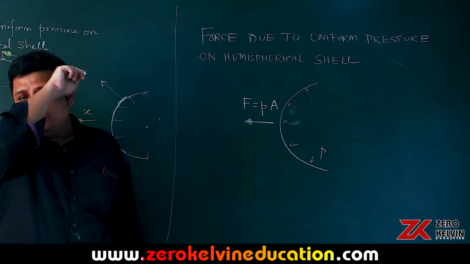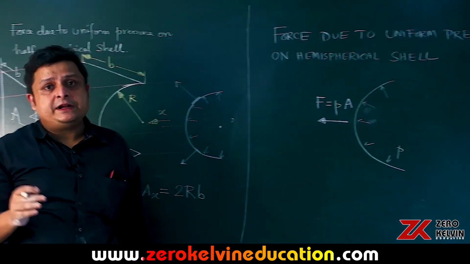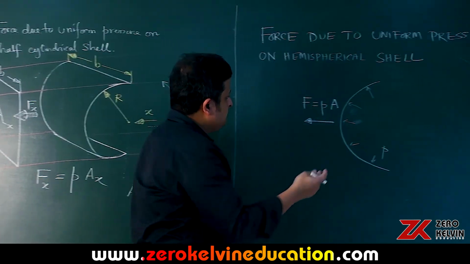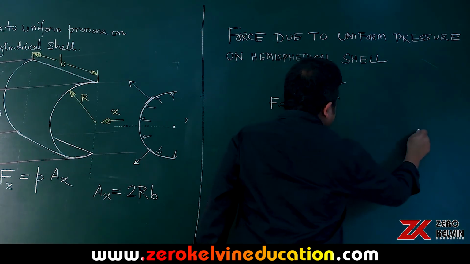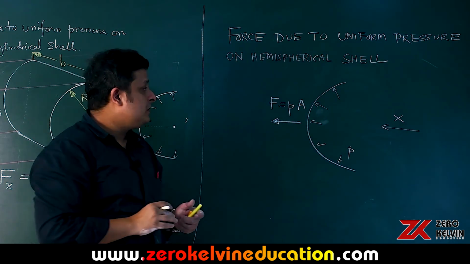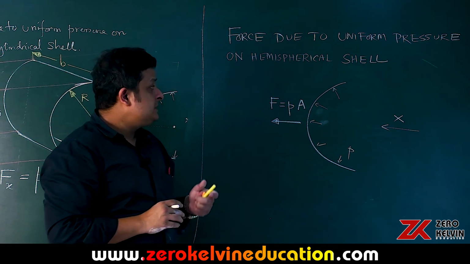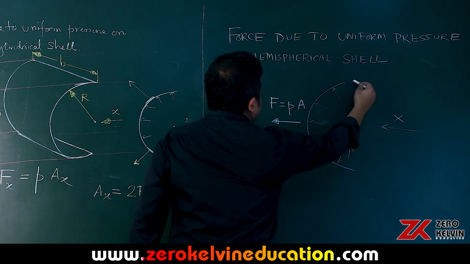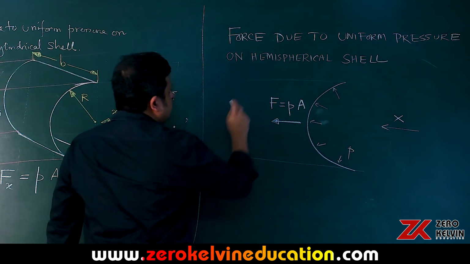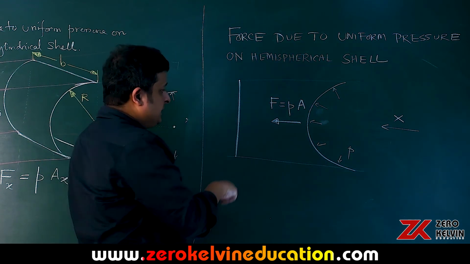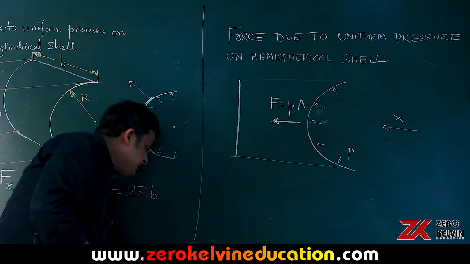Again I tell you, this area A is the projected area perpendicular to the direction of the force. Obviously, if you take this as the x-axis, the force is along the x-axis, and you have to consider the projection of this area perpendicular to the x-axis. So if you have a light beam from here, this is the surface. Actually the projection of a hemisphere is a semicircle.